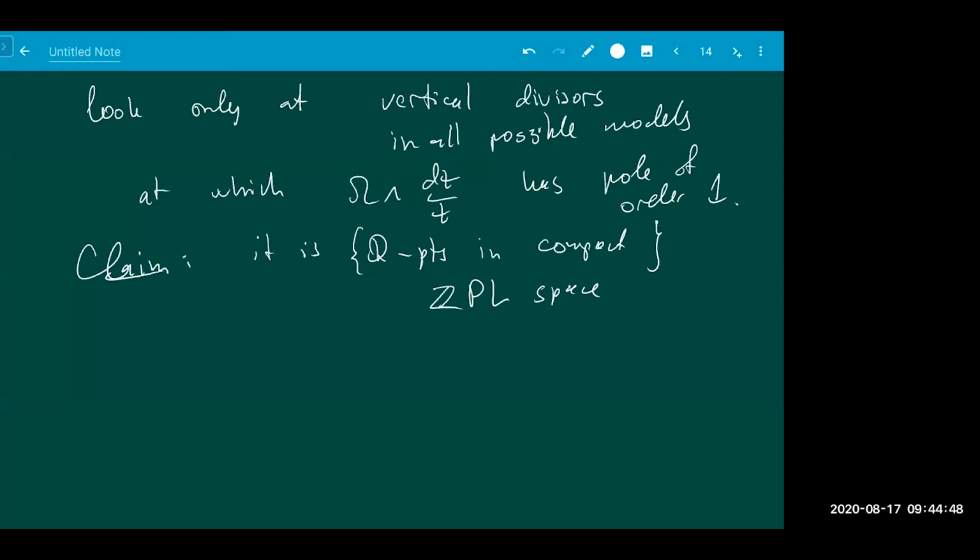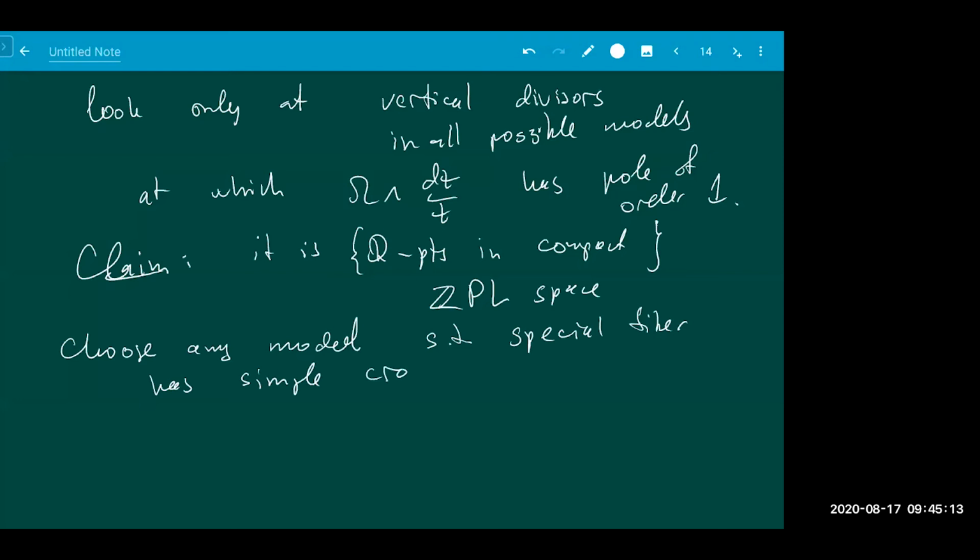I will describe it to you in a minute. Namely, choose any model such that the special fiber has simple normal crossing, or the whole model has simple normal crossing.